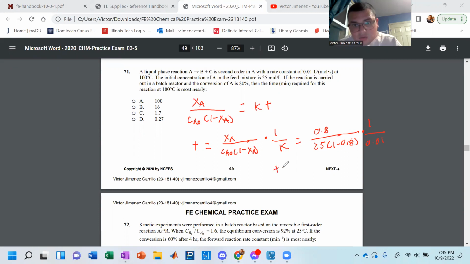This gives you a T equal to 16 seconds, which is not B. You have to turn this into minutes, which is the same thing as saying 0.27 minutes, which the answer is D.